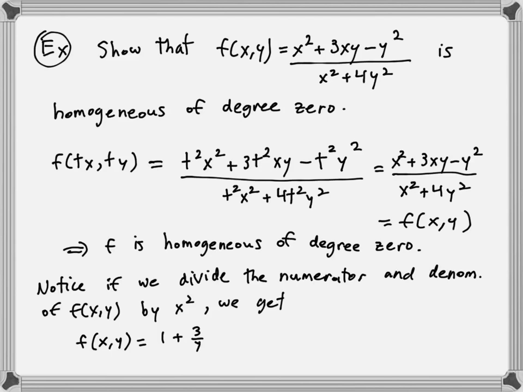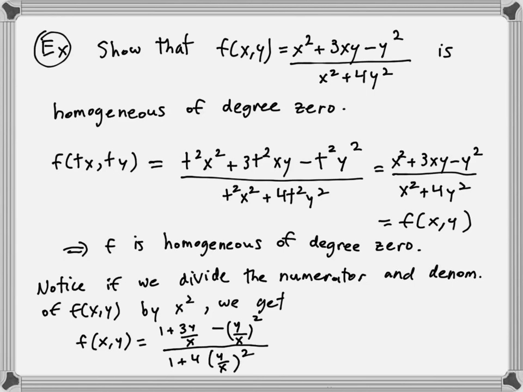Oh, no, sorry. I wrote that wrong. 3y over x. That's what I meant to write. 3y over x minus y over x squared, over 1 plus 4 times y over x squared.